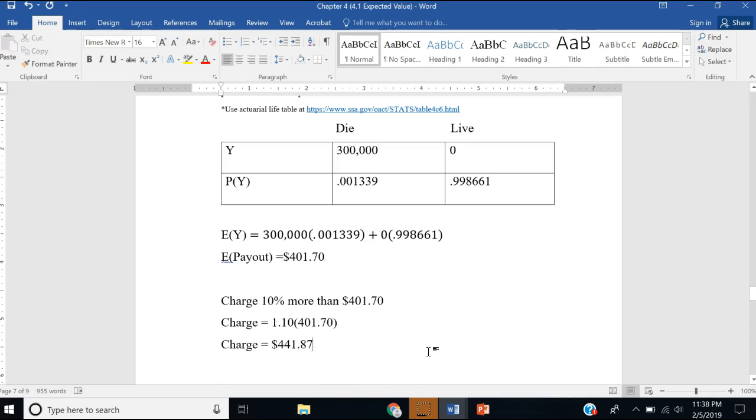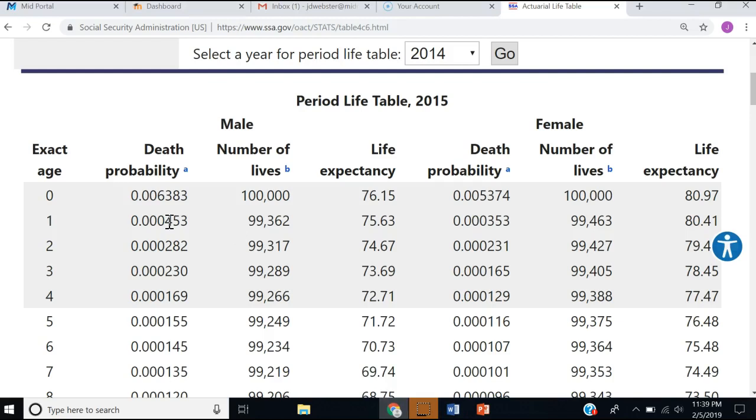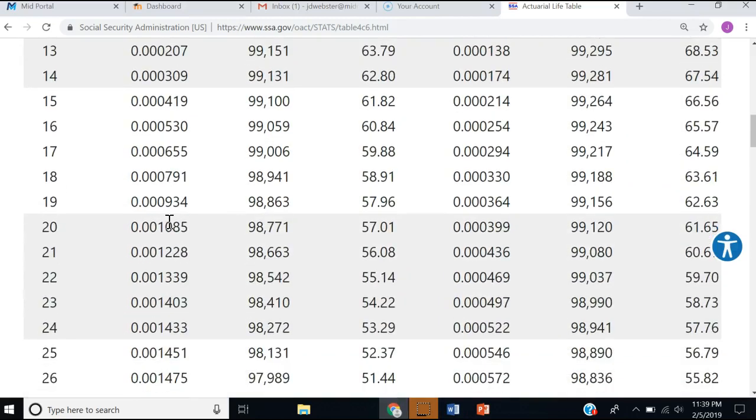Okay. The other thing that I was going to point out is that I keep saying average 22-year-old male, and I do want to make a note to say what this number represents is actually the probability of death for all 22-year-old males.